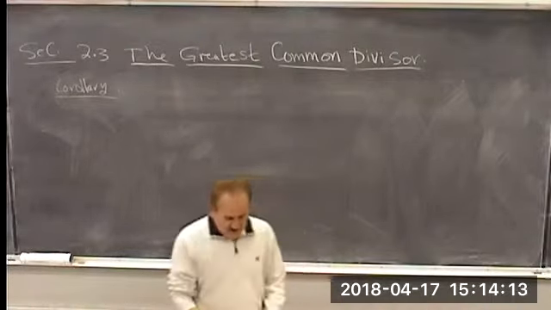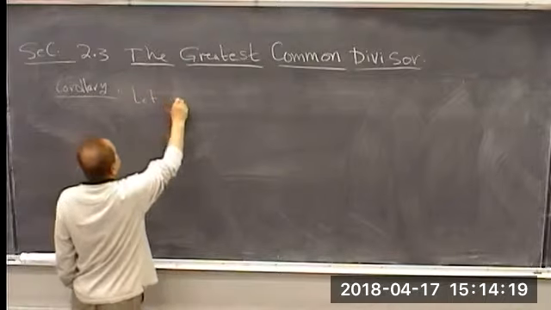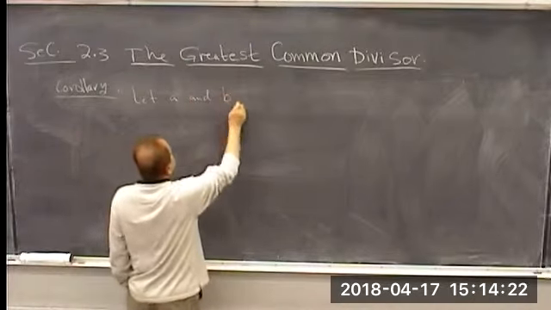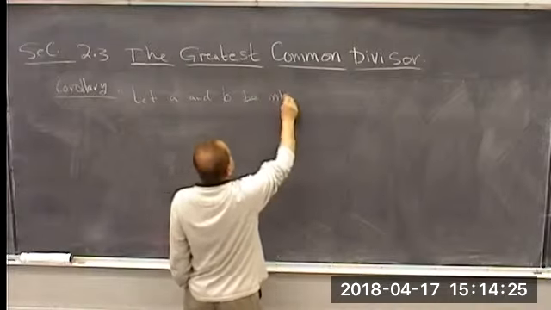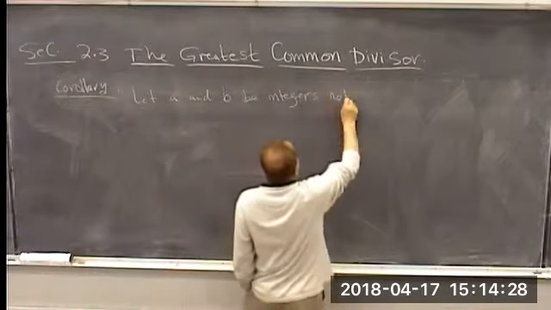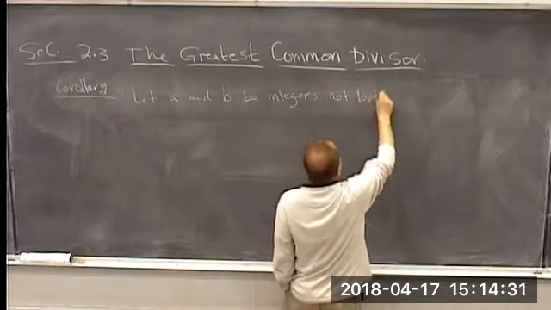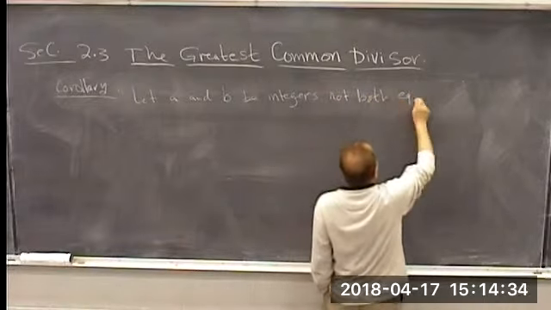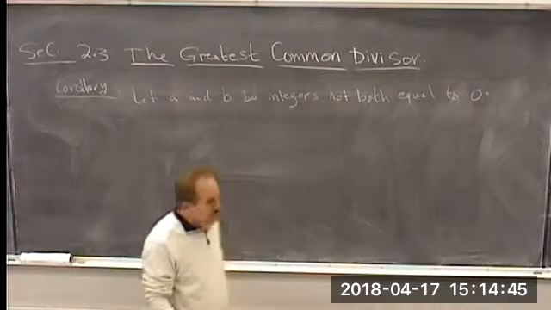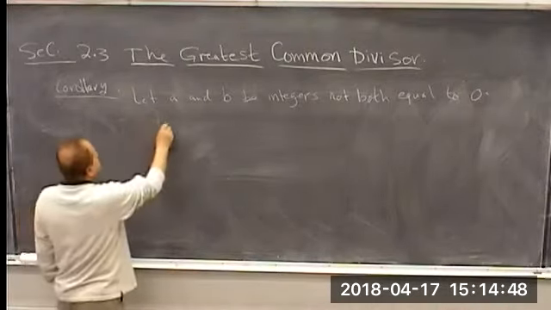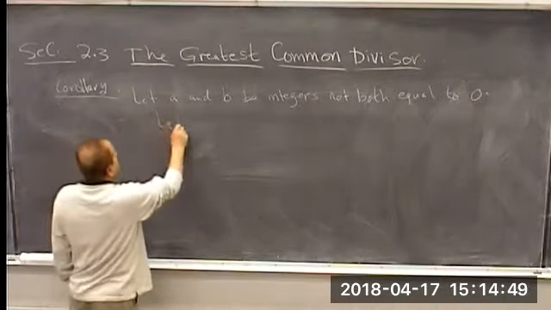Again, we are going to assume that A and B are integers, not both equal to 0. Then we're going to let P consist of this set.